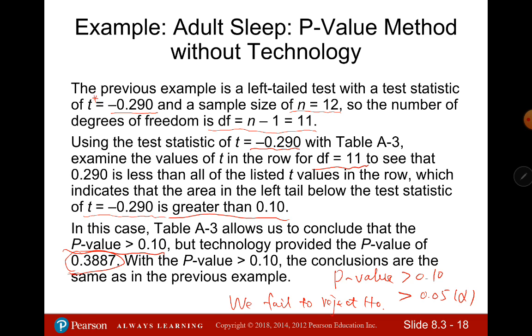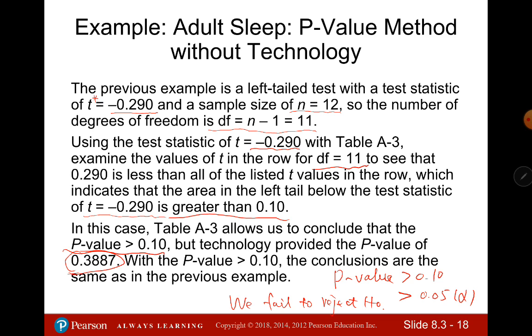And we also need the degrees of freedom. Degrees of freedom here is 11. So first, we're going to check the degrees of freedom. We check the left column. We find the degrees of freedom 11. It's the whole row, right? But when we check the values in this row, we realized no one is exactly 0.29.